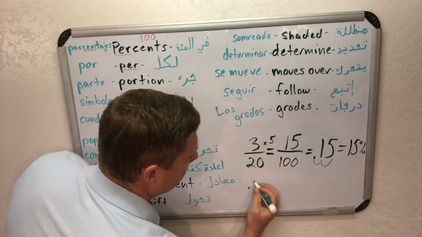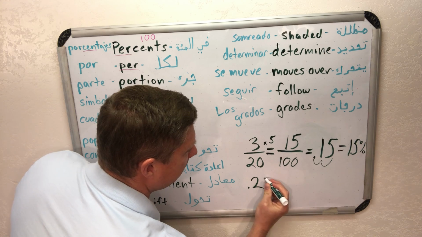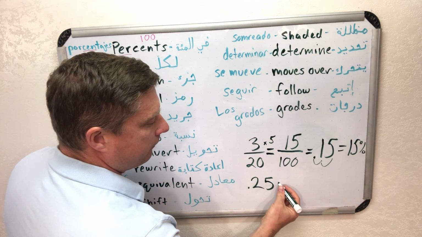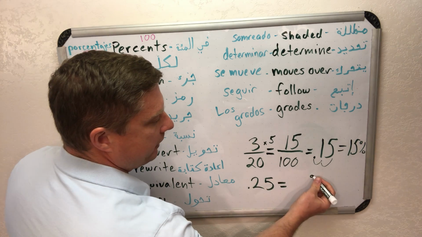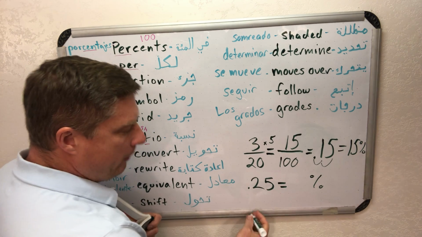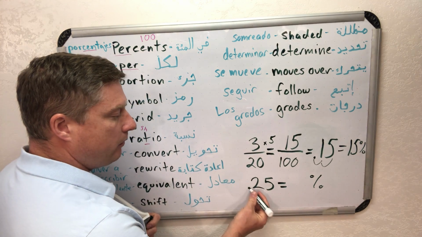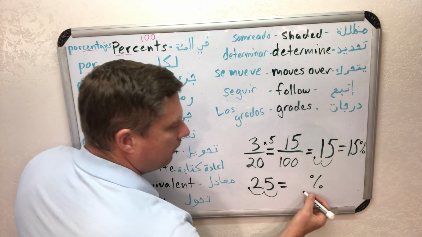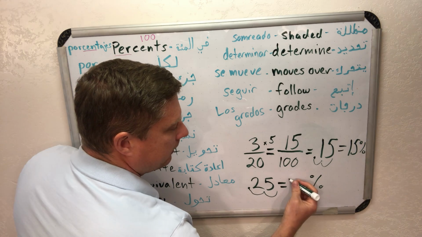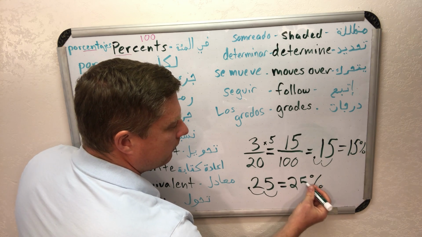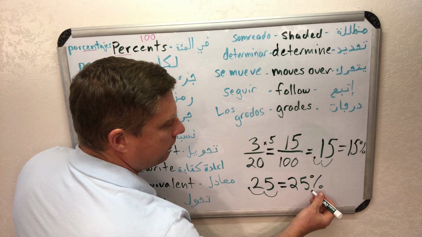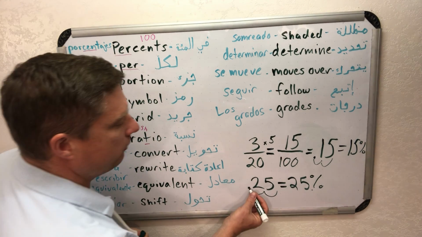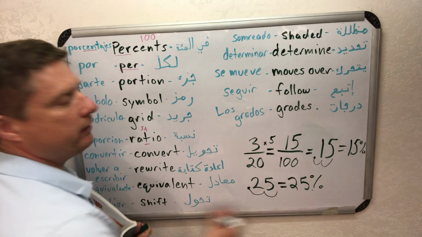If we have 0.25 or 25 hundredths, to convert this to a percentage, all we have to do is move over the decimal or shift it 1, 2 places. So now we can write 25. And now we did 1, 2, so the decimal's hiding right there. 25%. So 0.25 equals 25%.